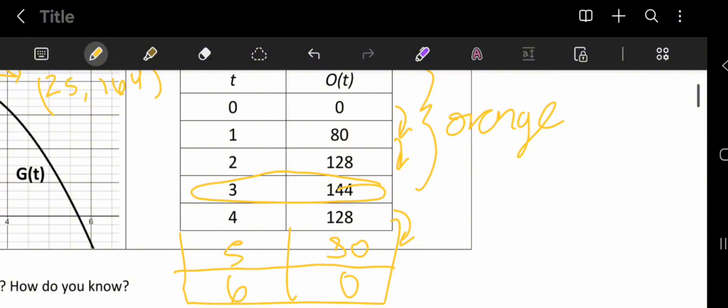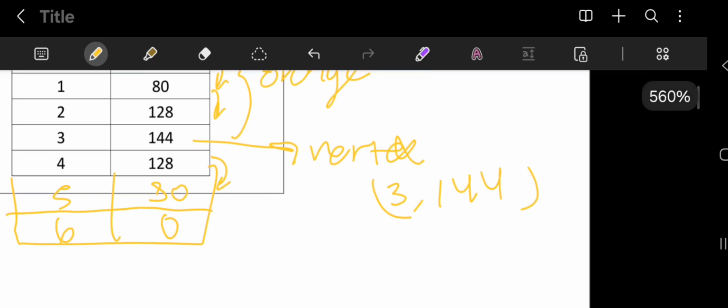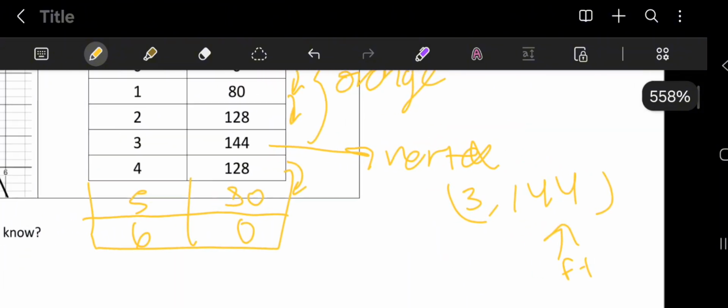Here we see that the highest height in feet that it reaches is 144. So we can label this our vertex. Since our vertex point is 3,144, this means that after 3 seconds of being launched, it has reached 144 feet, and then it continues to go back down.